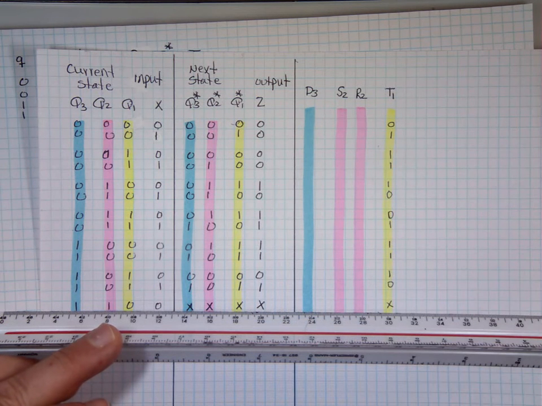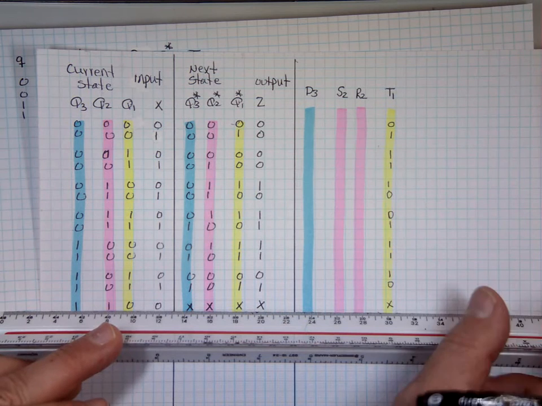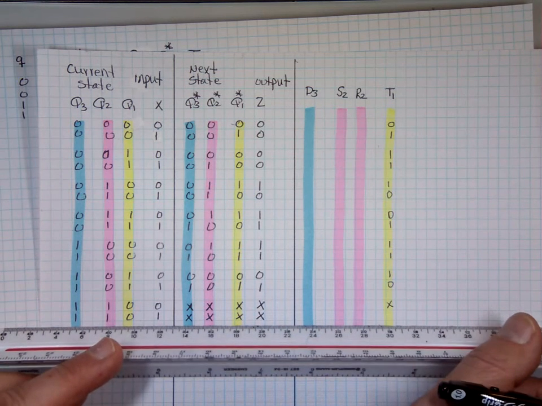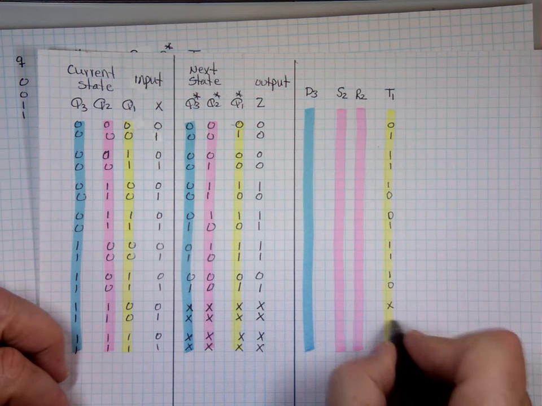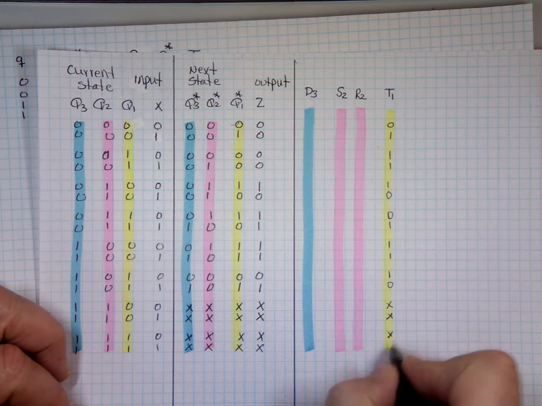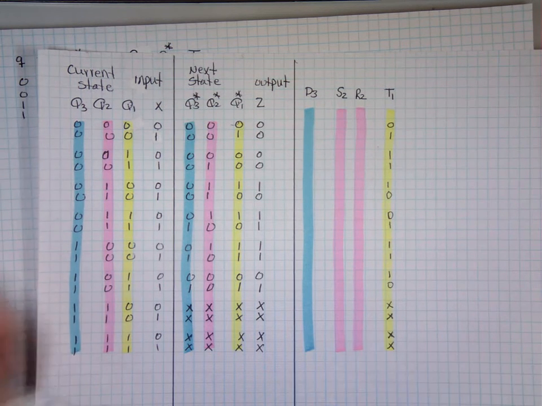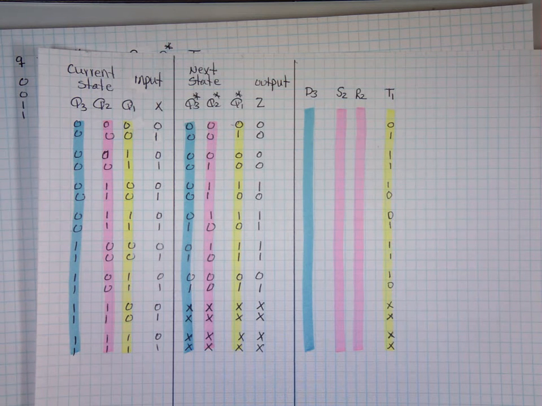Don't care, because it could be 0 or 1. And all these 0 to don't care, right? So now we finish the T flip-flop.